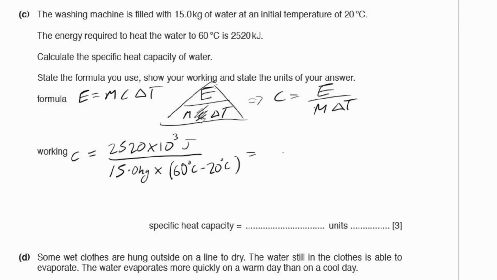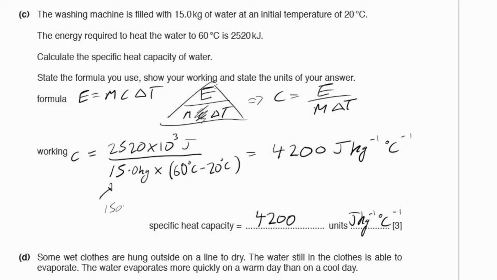And if I put that through, that'll give us an answer of 4,200 joules per kilogram per degree Celsius. Now, you could of course have done this using grams.